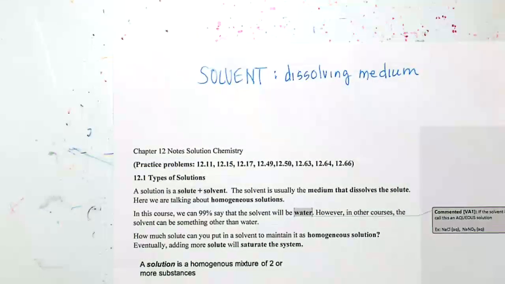Is water a solvent? It can be. Is water the only solvent that exists on Earth? No, there are many types of solvents. If you take organic chemistry, they use different solvents. But right now, the solvent is the thing that is being used to dissolve the substance.